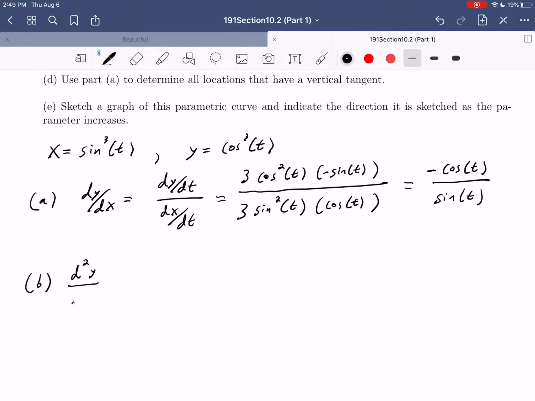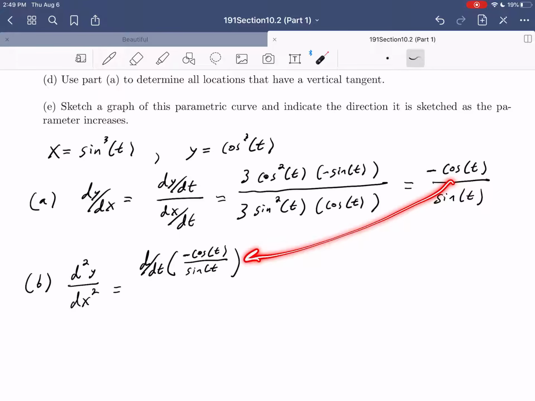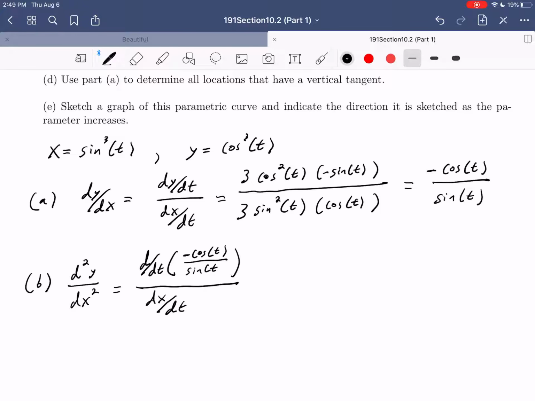So if we want to get the second derivative here, according to our expression, what we'll need to do is d/dt of dy/dx, so negative cosine t over sine of t. Notice our numerator is the derivative with respect to t of this dy/dx, and then divided by dx/dt. Since we left it in a quotient form, we have to use the quotient rule.